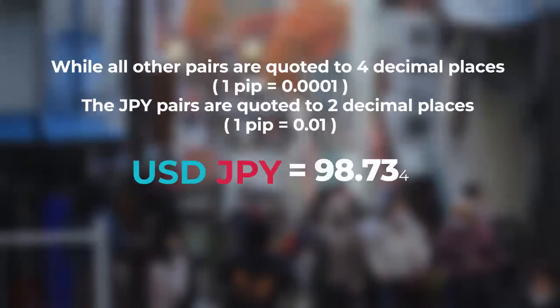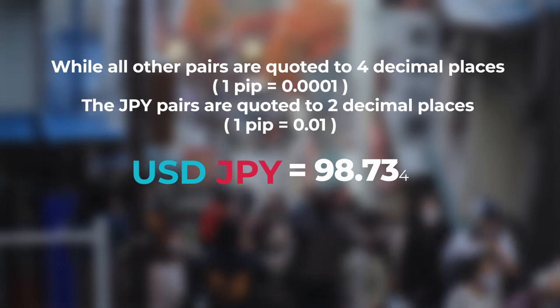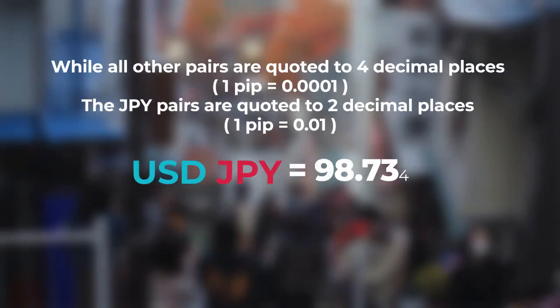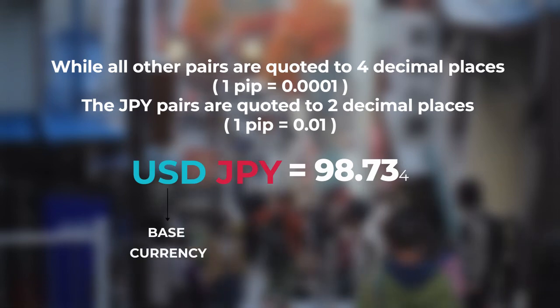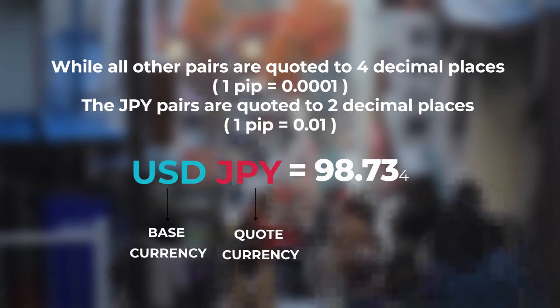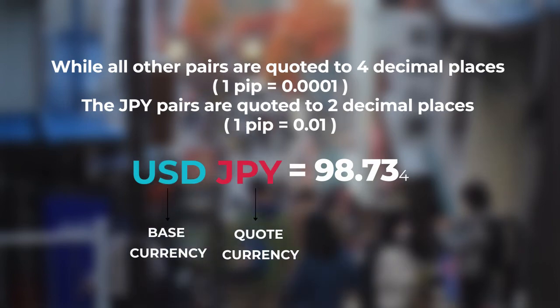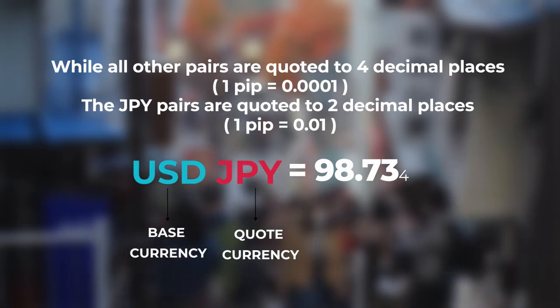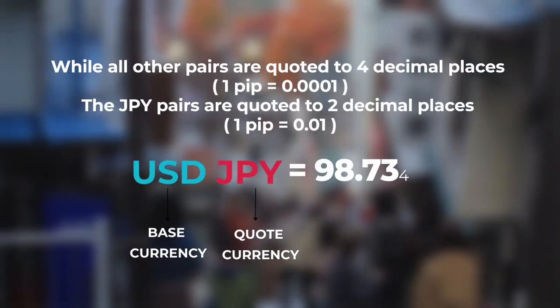So let's look at an example, the US dollar yen. In this case, the dollar yen is 98.73. The first is the base, and then we have the quote currency. So remember that the base currency, which is the first one, is always 1. 1 US dollar is equivalent to 98.73 Japanese yen.